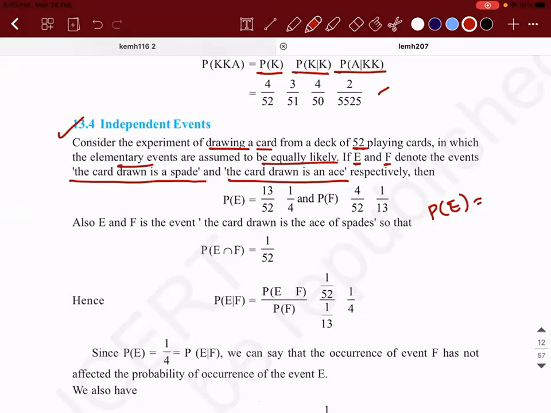If the card drawn is a spade, since it is equally likely, how many spades are there? 13. You have 13 out of the 52. What is the probability of F? How many aces are there? Aces are 4, because they are numbered. So 4 out of 52, it will be 1 by 13.